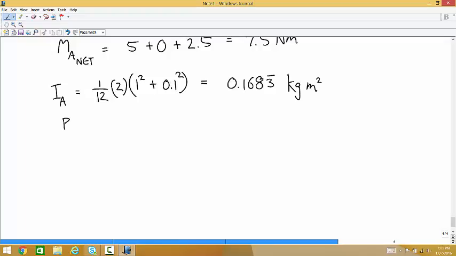And so now we can put it into the equation, and it says 7.5, positive 7.5, is equal to 0.1683 repeating times the angular acceleration.